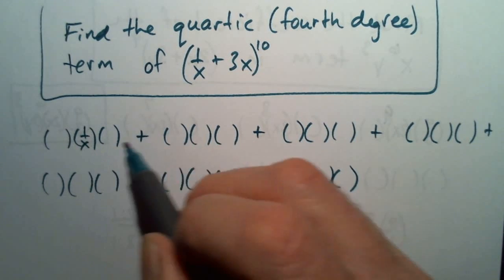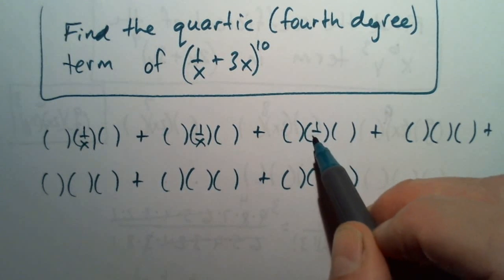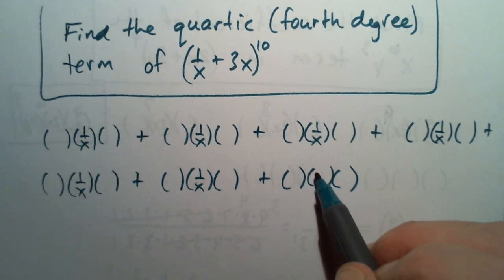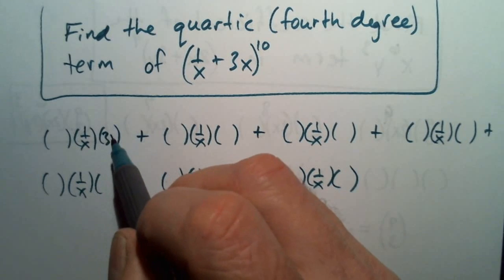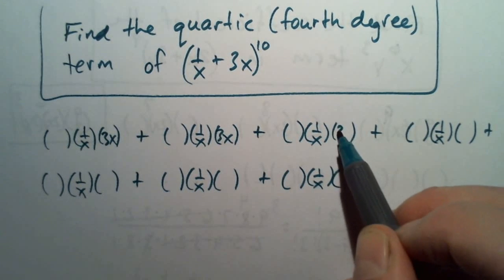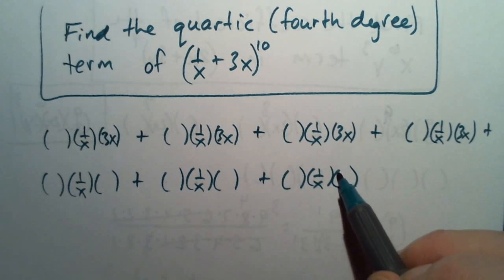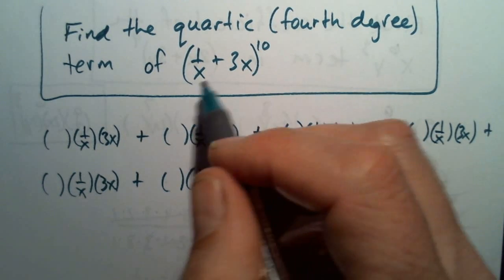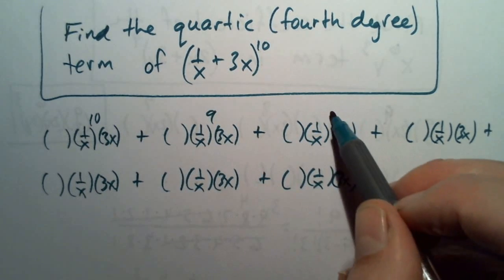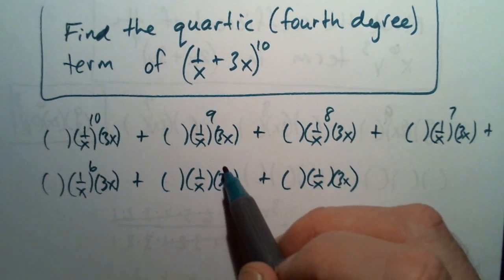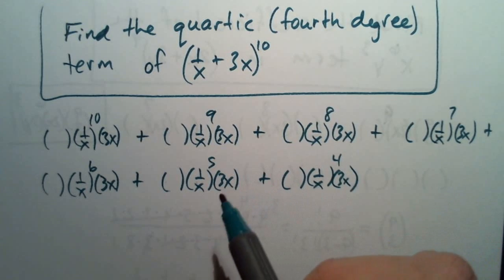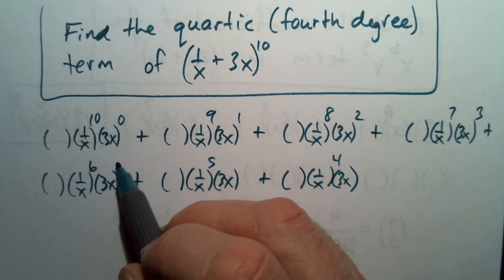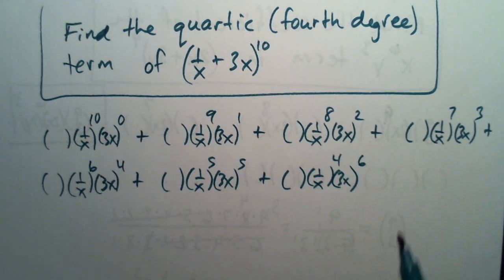One over x. 3x. And then we'll have 10, 9, 8, 7, 6, 5, 4. 10, this will be 0, 1, 2, 3, 4, 5, 6.